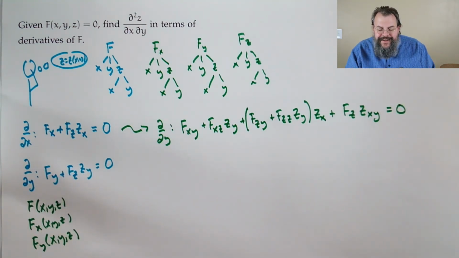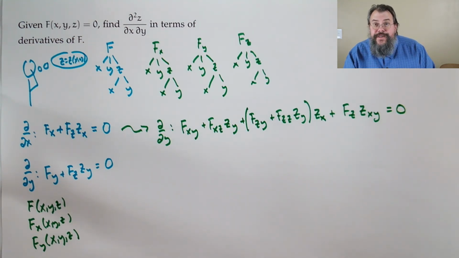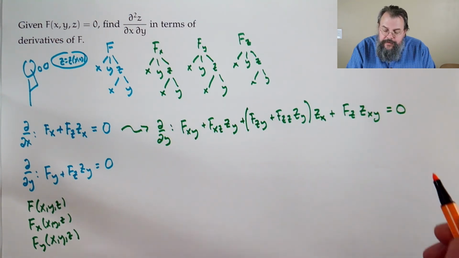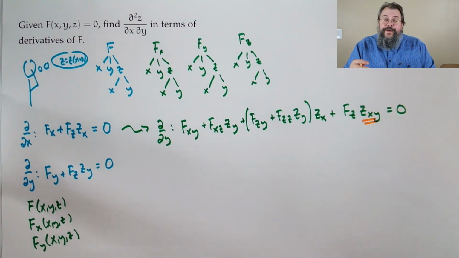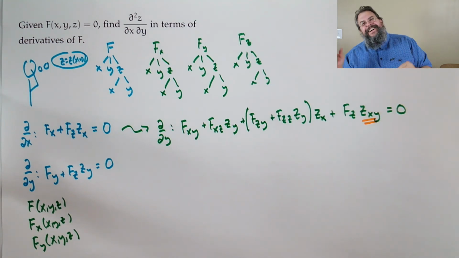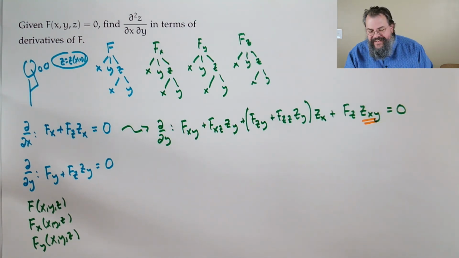Okay, good, good. Now, good news. What do we have? Well, we have what we're after. We have z x y. It's right there. So all we have to do, oh, it sounds easy, is just get that by itself, only in terms of the derivatives of f.